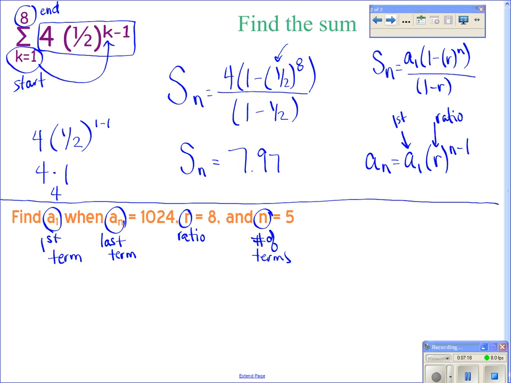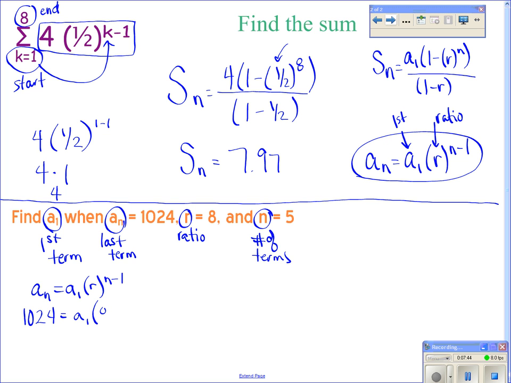So we're going to use yesterday's formula, okay, which is right here, and solve for a1. So we have that formula, and we put in everything they give us. We know the last term is 1024. We don't know the first term. We know the common ratio is 8. And we have n as 5 minus 1.